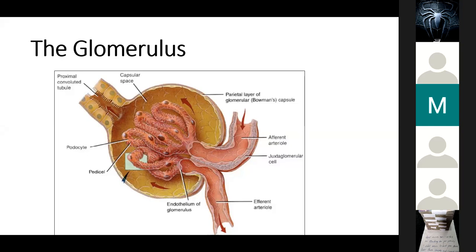Urea is a result of protein metabolism. When you metabolize protein, you produce ammonia and urea, and it's excreted by the kidneys. That's why it's part of the kidney function test.